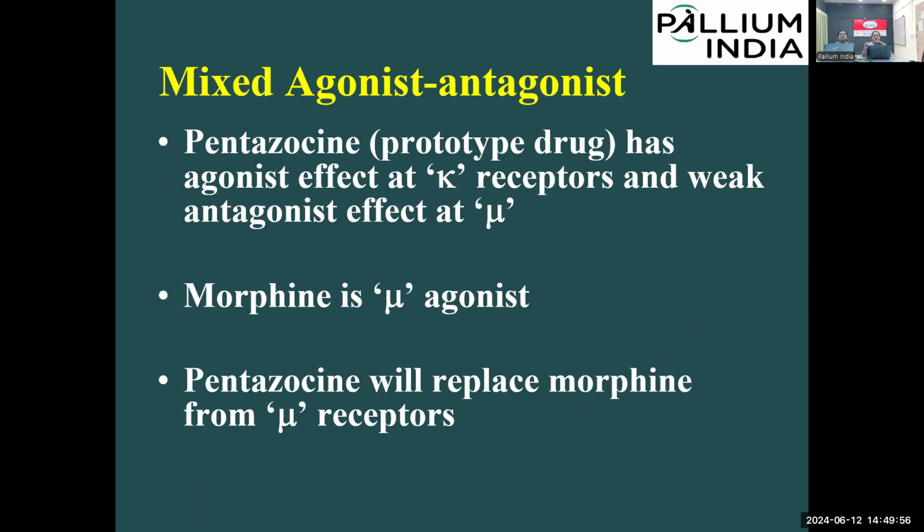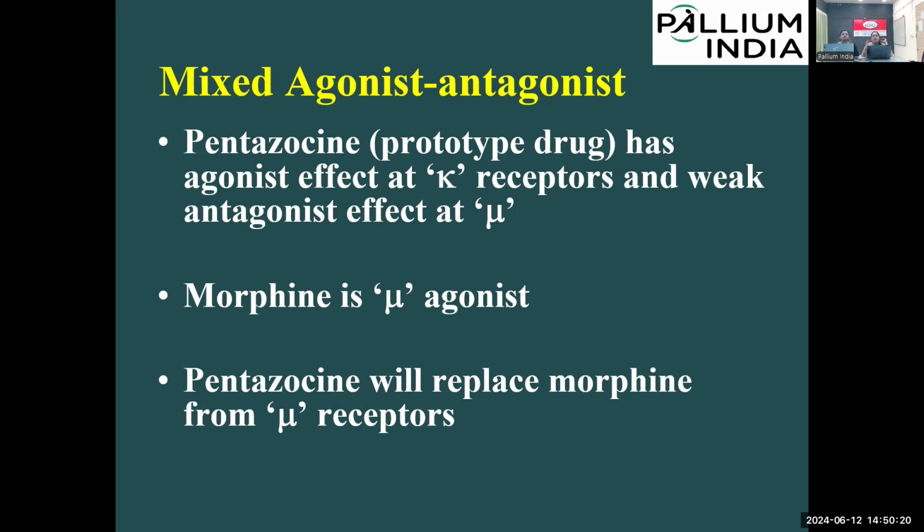Pentazocine is an example of an agonist-antagonist. What I mean is that pentazocine has an agonistic effect on the kappa receptors and it is a weak antagonist at the mu receptor. So it acts as an agonist at certain receptors and antagonist at other receptors.